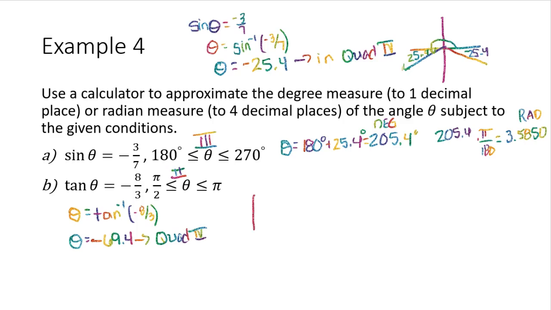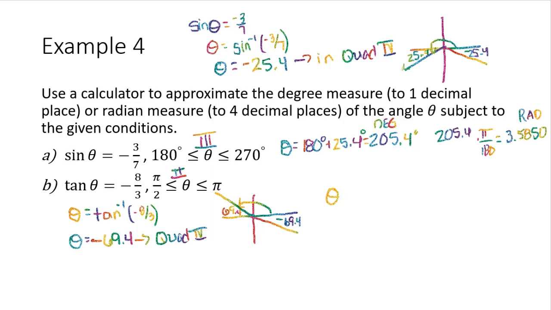Let's take a look at it. -69.4 is going to be somewhere down here in quadrant 4. The reference angle here, remember, is positive 69.4. And so we need the corresponding angle over here in quadrant 2 that also has a reference angle of 69.4, which means we're measuring the angle from the positive x-axis to our terminal side here.